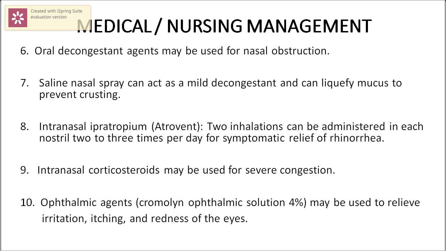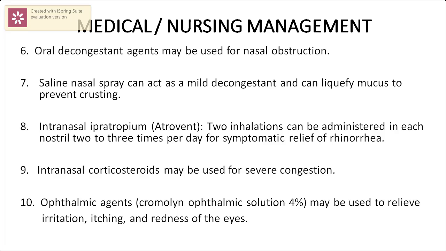We can also give them intranasal ipratropium, Atrovent. Two inhalations can be administered in each nostril of the patient 2 to 3 times per day for symptomatic relief of rhinorrhea. That will also help the patient a lot.